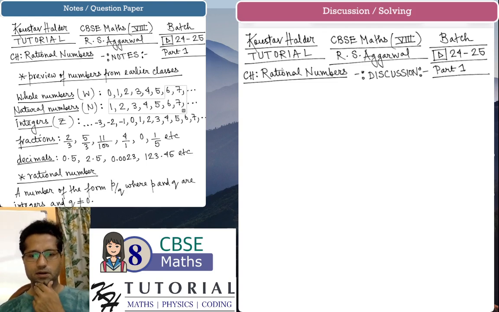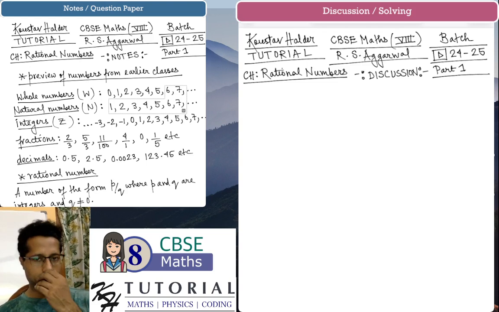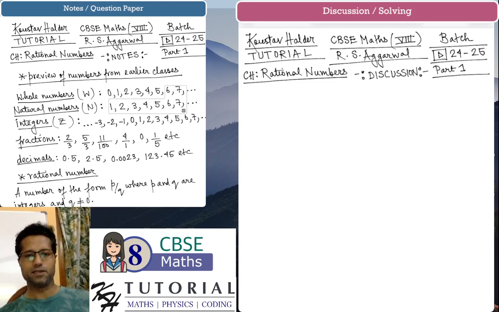So integers are the whole numbers plus the negative of the natural numbers. For the positive integers, we have 1, 2, 3, 4, 5, 6, 7, 8, 9, 10 like this, and negative integers are -1, -2, -3, -4, -5.